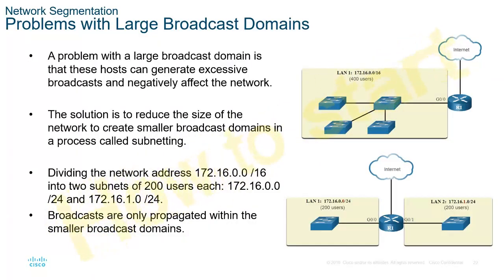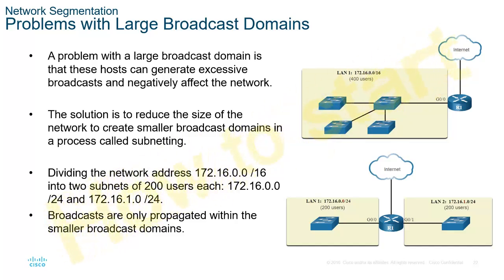So what we can do is we can have a large network. Well, the problem is the larger the network, the more broadcasts. The more broadcasts, the more resources that are used. The more resources, the slower the network operates. So what we can do is we can actually separate the networks. Instead of having one large network, we may have two smaller networks. And again, they do not cross a layer 3 boundary.